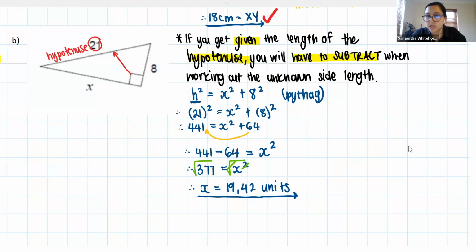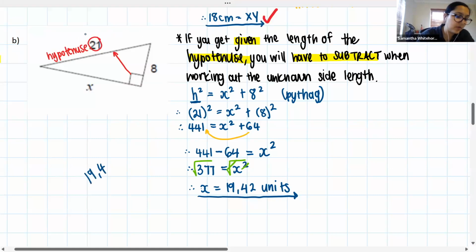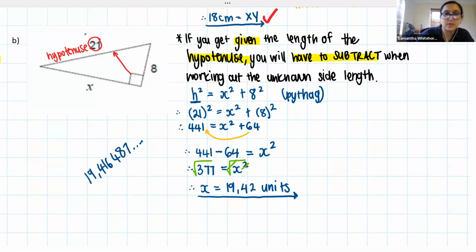Just checking the chat going on here. Zoe, I hope that covers it. Thank you for answering, Tal. 64 comes from the 8 squared, absolutely fine. Butle, you need to remember you're rounding off. Butle is saying their calculator says 19,41. Your calculator gives you 19,416487, and there's a whole bunch of decimals.